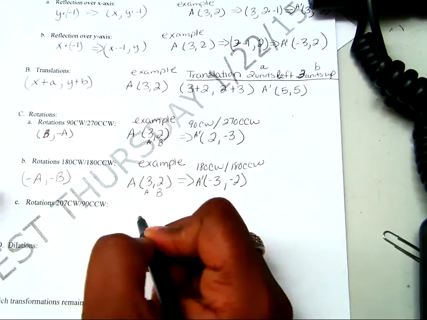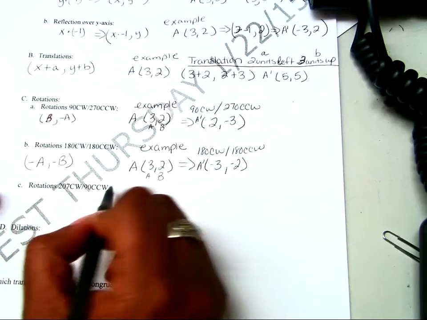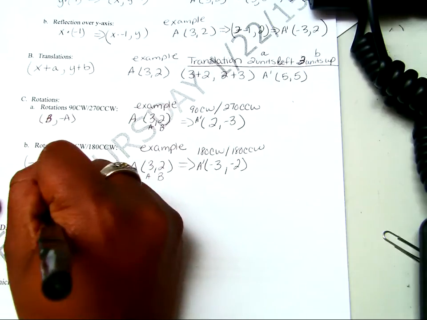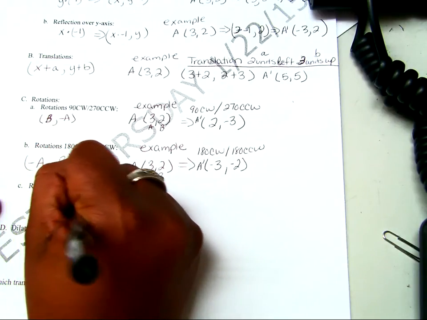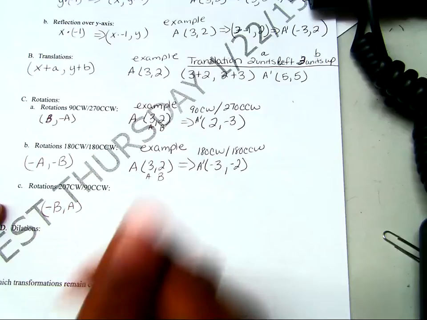All right, last but not least, rule for this one is (negative b, a). Example.